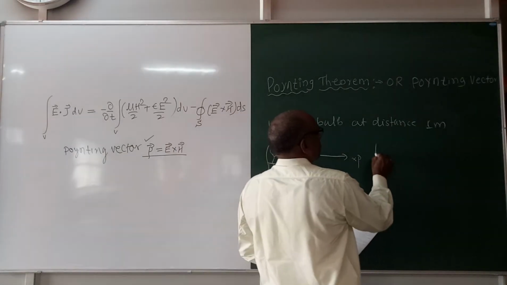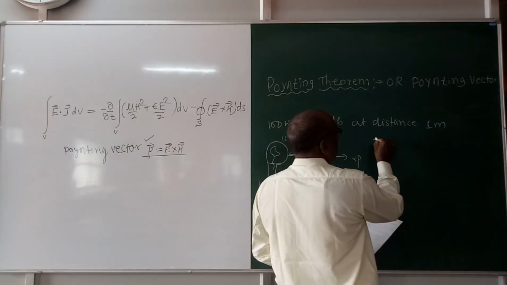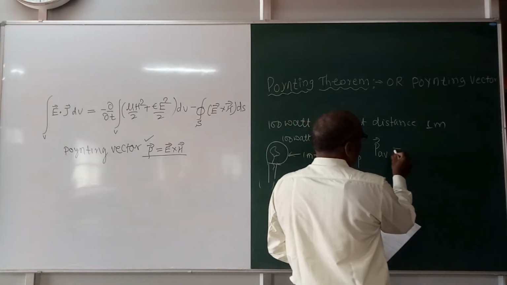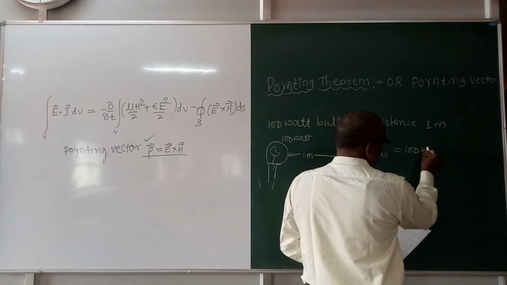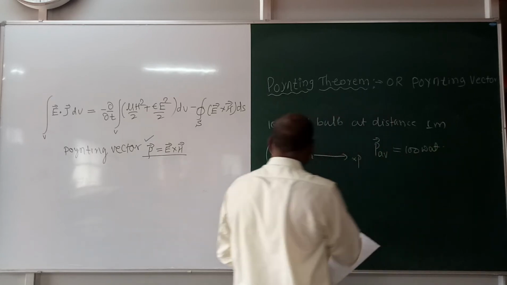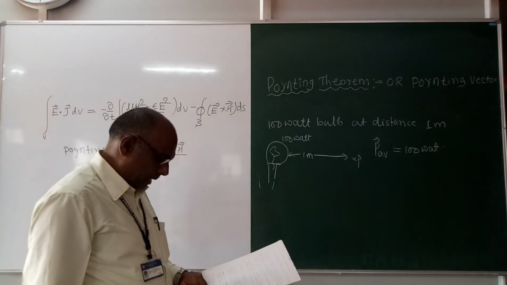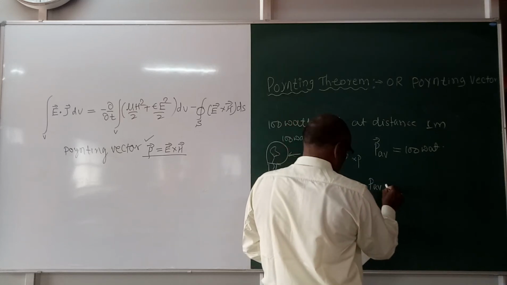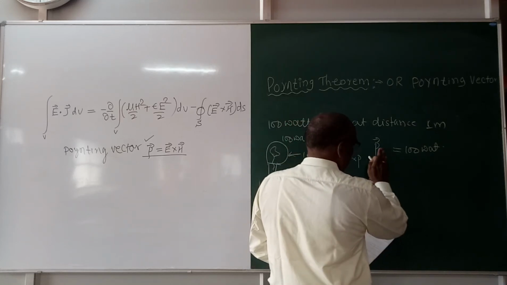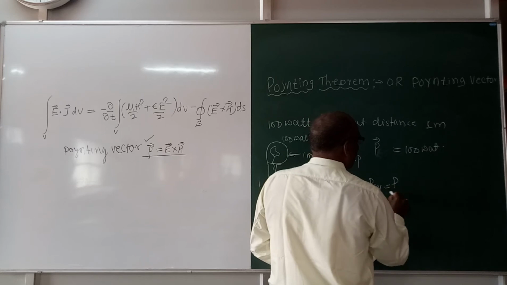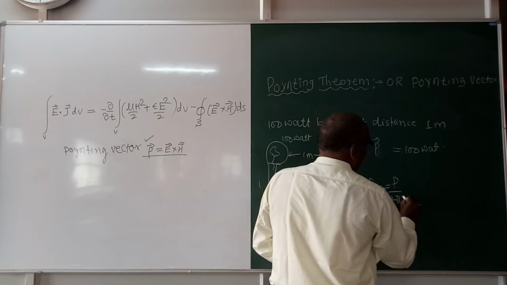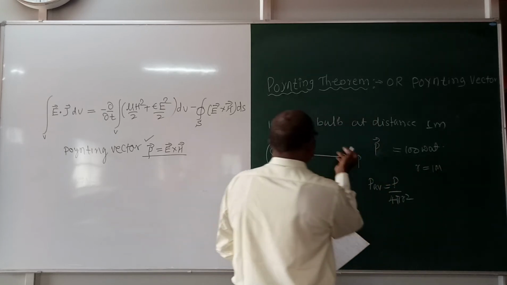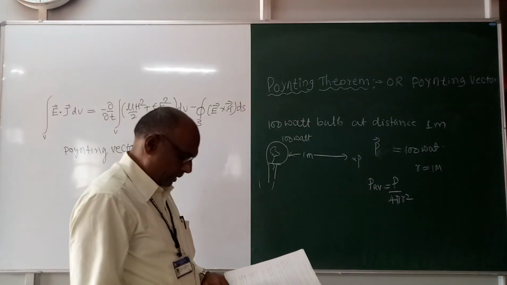The average power, that is the Poynting vector, is 100 watt, and energy flowing per unit area, that is P average, is equal to P by 4 pi r square, where r is 1 meter, the distance from it.